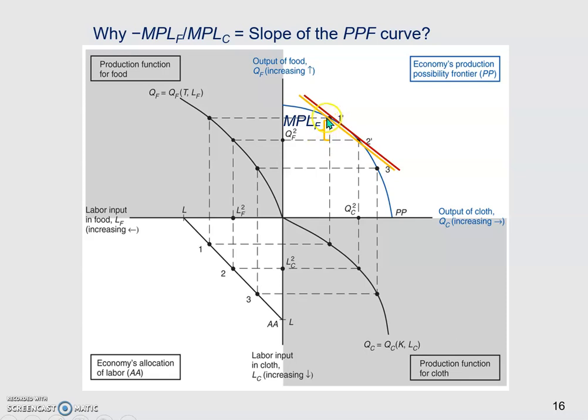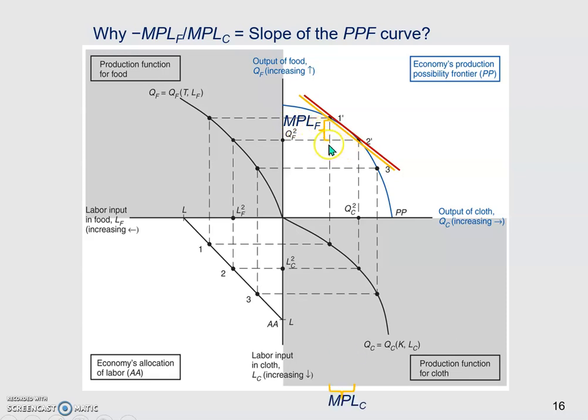Remember, from 1 to 2, labor is moving out of the food sector and into the cloth sector, so we produce more cloth but less food. So suppose this movement from 1 to 2 is teeny tiny, because that's how we figure out the slope, then this vertical distance would be quite small as well. So that's the marginal product of labor in food.